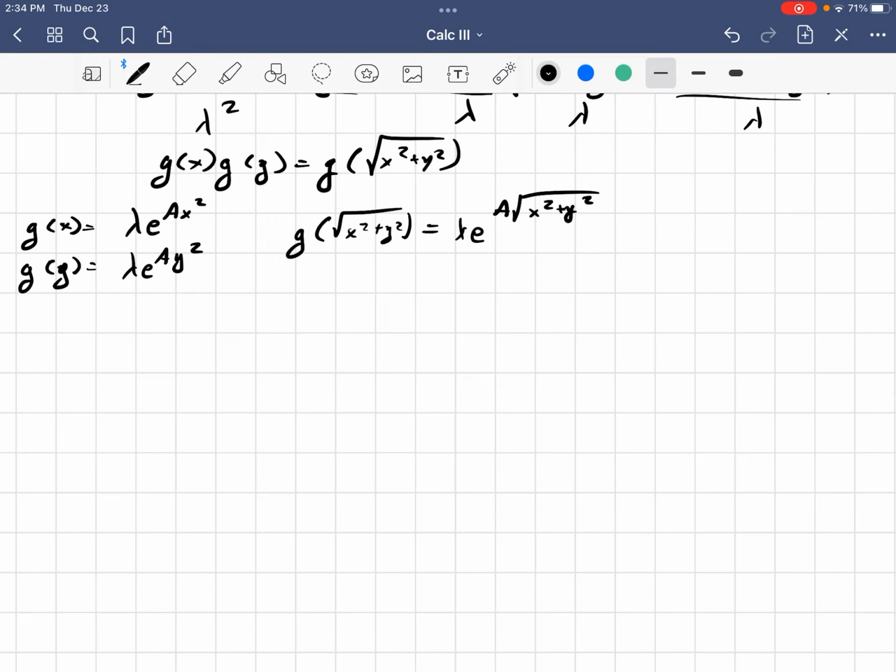And so if I multiply g of x and g of y, I'd get lambda squared, though the scalar doesn't really matter out front, e to the a times x squared plus y squared.